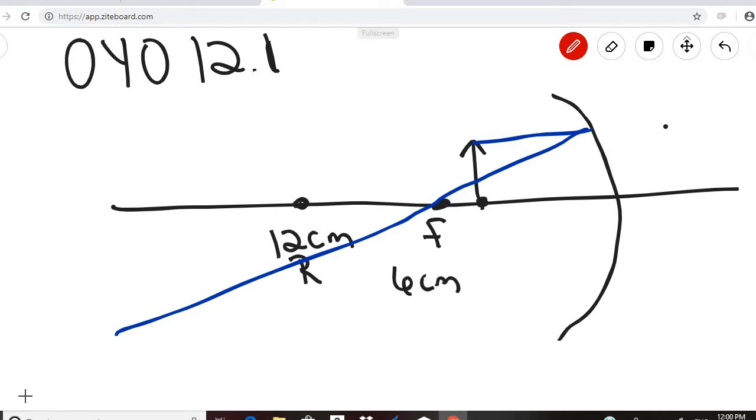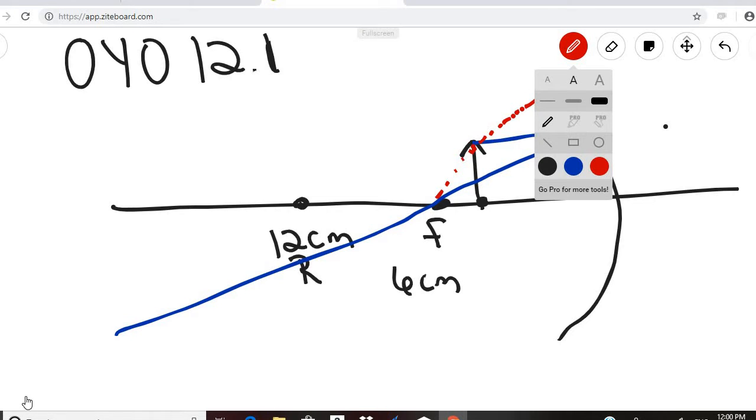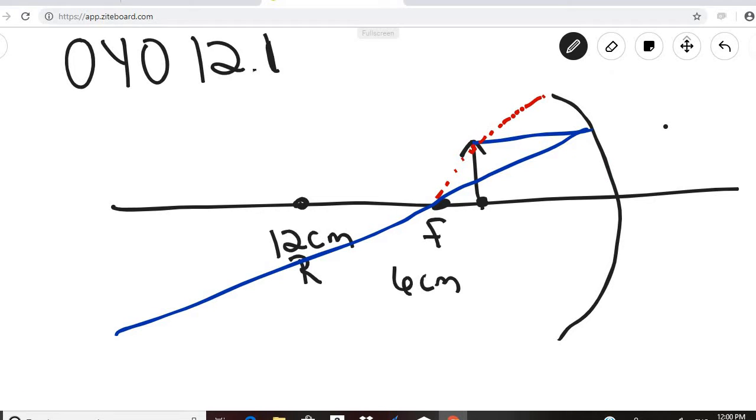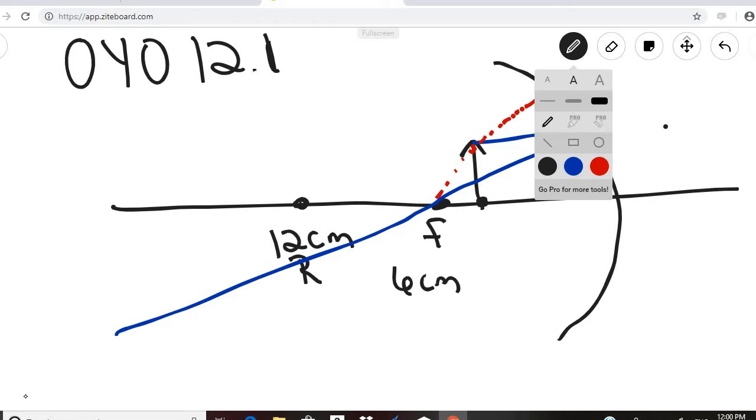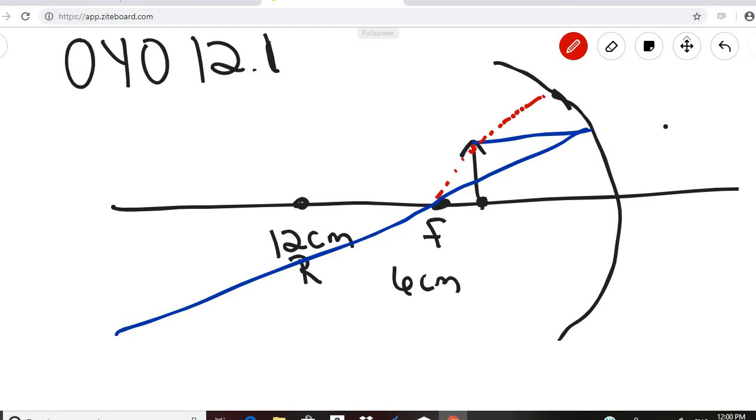Again, because this is in front, we can't exactly do it, but we can. So the beam of light would come in like this, and I'll extend my line for the mirror out here. It's going to come in as if it came in through the focal point, and it's going to reflect out horizontally. Those two lines don't intersect, so we have to extrapolate them back.